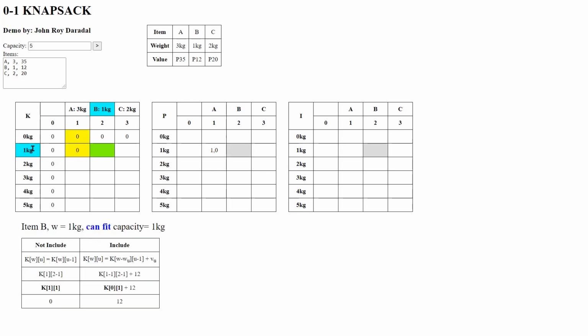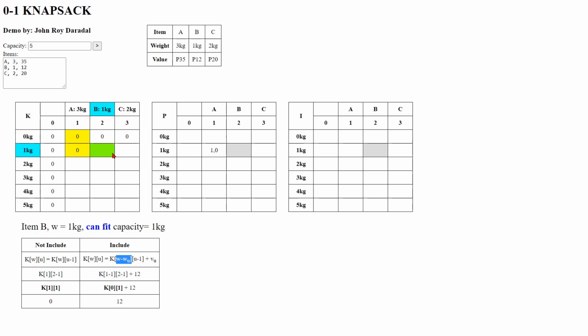For the next one, capacity is 1, and then you're considering up to item number 2, which is B, and this time B can fit, right? So you can choose whether to include it or not in the solution. If you don't include it, you'll just go to the previous cell, 1, 1, so that's 0. But if you include it, then W minus W of U, that would be 0, because 1 minus 1 is 0.